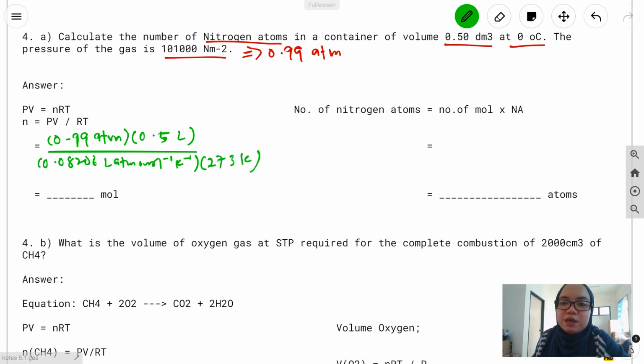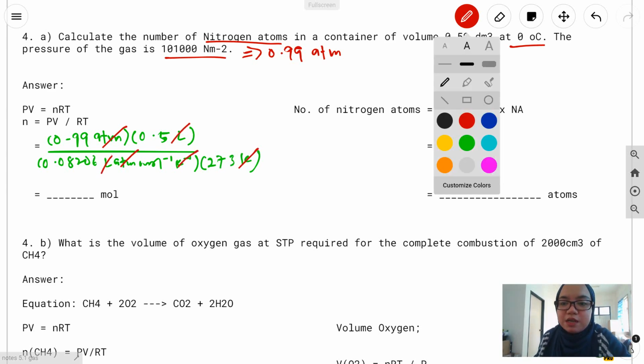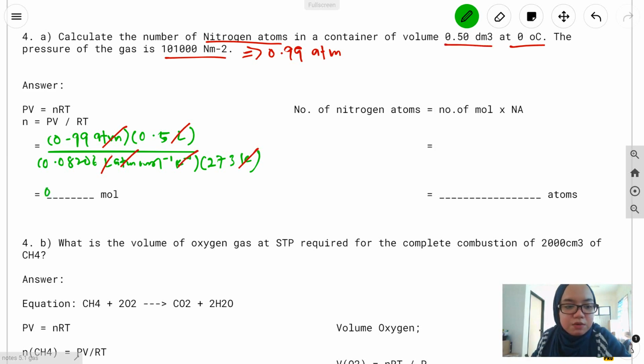So when we calculate this atm, liter, Kelvin, we got 0.022 mole. So the number of mole that we got is 0.022 mole.